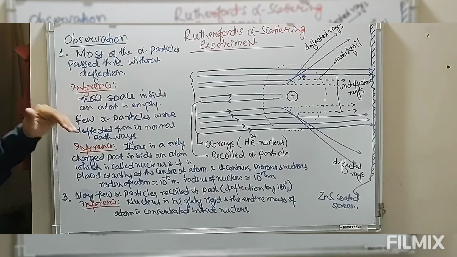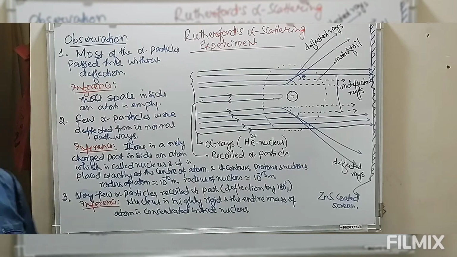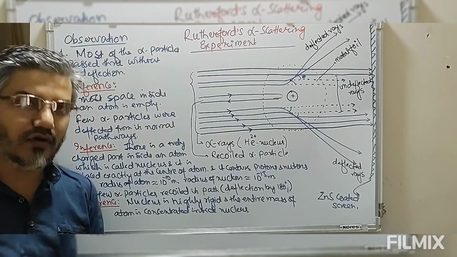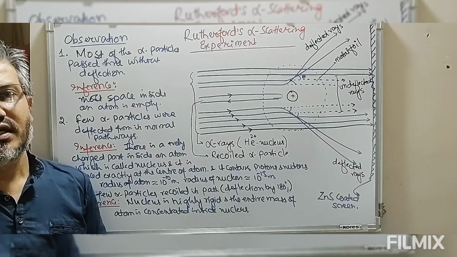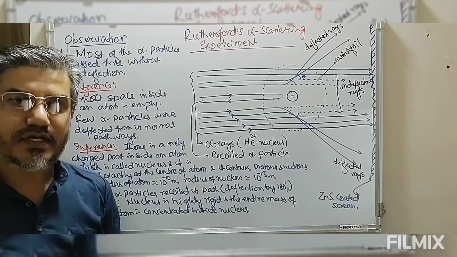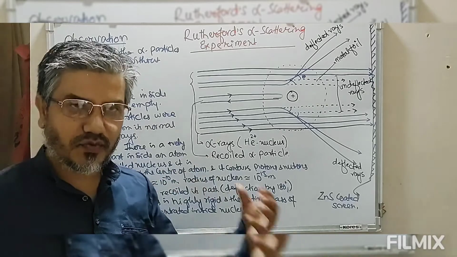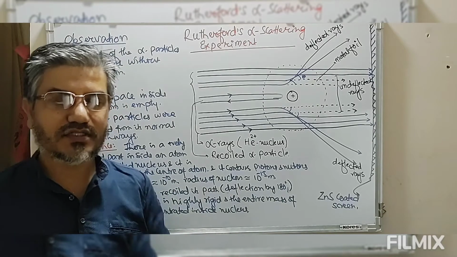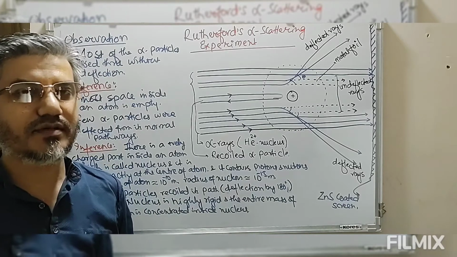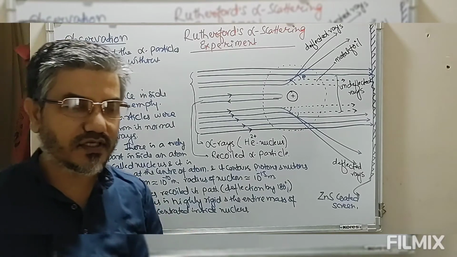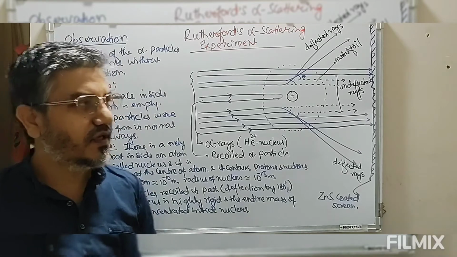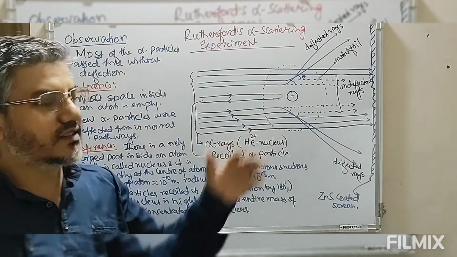After these observations and inferences, he came to the conclusion and proposed a model of the atom which says every atom consists of a positively charged nucleus. This positively charged nucleus is placed exactly at the center of the atom, where the protons and neutrons are present, and the entire mass of the atom is concentrated inside it.